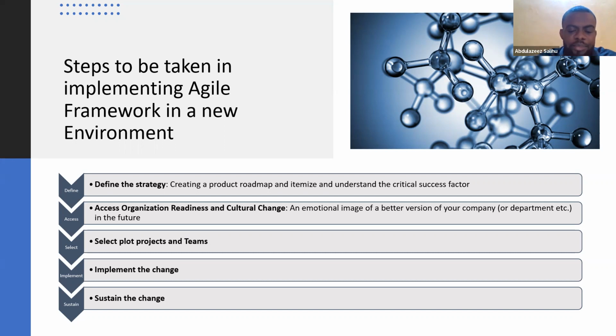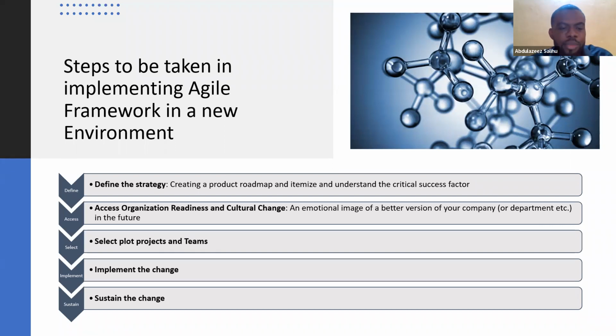So whenever I'm privileged to work with an organization to transform or to adopt Agile, those are the steps we usually go through. We create a roadmap and itemize the things we want to do. Because as an organization trying to implement Agile in a new environment, it is always advisable to start from somewhere. For lack of a better word, take some baby steps first.